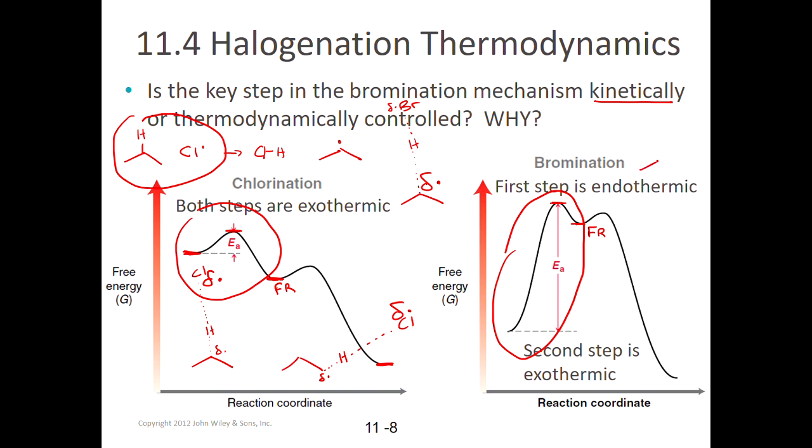And if it were at the primary position, it would be similar. The hydrogen would be almost completely gone, large partial radical, and it would be starting to really connect with the bromine, so the bromine only has a small partial radical remaining. So now there's a big difference.